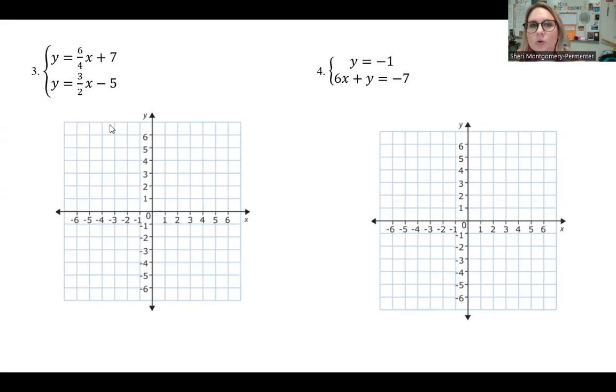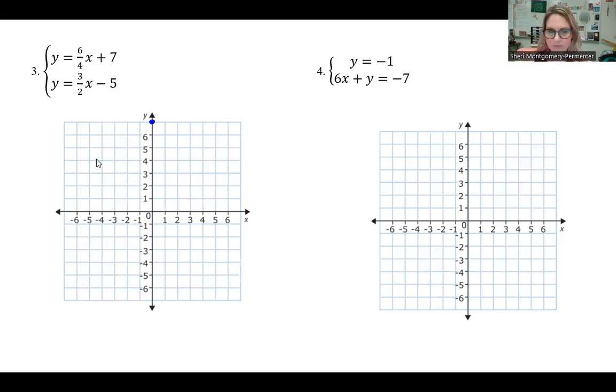Next example. So we're going to come over here. The first one, I'm going to go put a point at 7. 7's at the very end of my graph, but that's okay. And then it says that I need to go up 6 and then over 4. If I go up 6 and then over 4, I'm off of my graph, right? Okay, well, could I go down 6 and over 4?